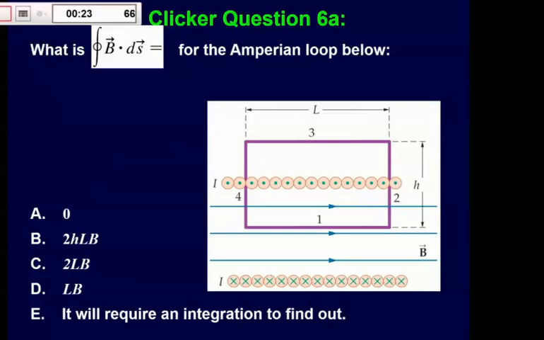This rectangle has a height h and a length L, and I want to calculate the integral of B dot ds for my loop. You'll have to split it up into 4 pieces and calculate what the 4 different pieces are. Again, we're assuming the magnetic field is constant and looks like this inside, and that it's 0 outside of the solenoid. So try to calculate just the B dot ds part with your neighbors, and we'll talk about this in a second.